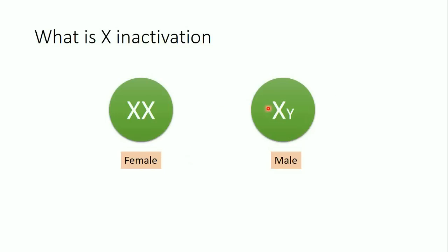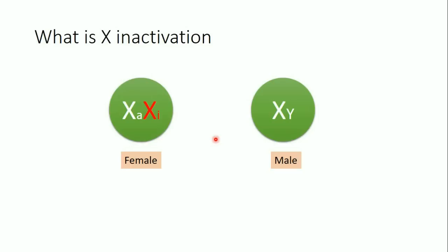So X chromosome is very important. And to prevent imbalance between female and male, since female has two X chromosomes, in each cell, one of the two X chromosomes is inactivated. It turns inactive. So in this case, we call the active one XA and the other one XI, the inactive one.